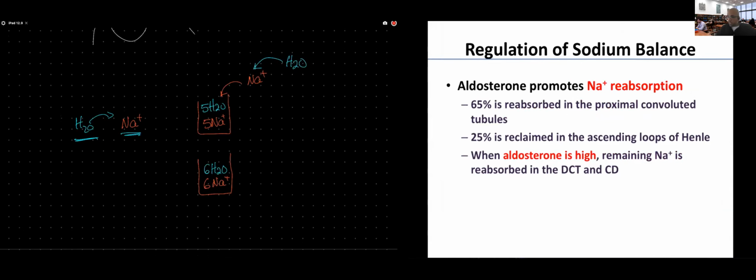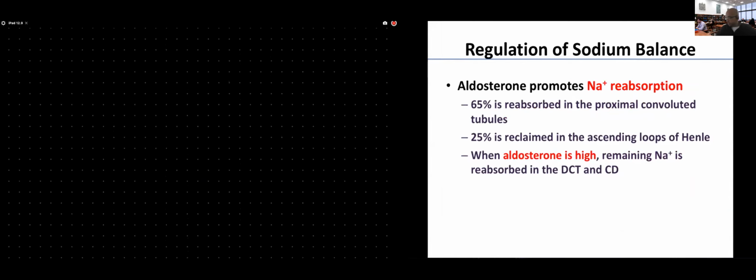How do I regulate the sodium balance? Aldosterone promotes sodium reabsorption, and if you remember, under the effect of aldosterone it takes place in the distal convoluted tubules and on a very limited basis in the collecting ducts.